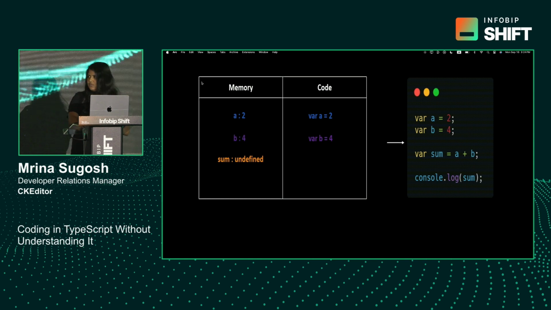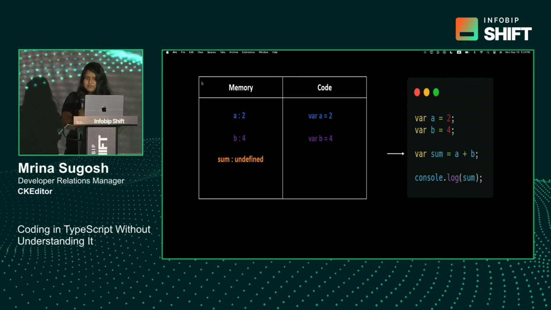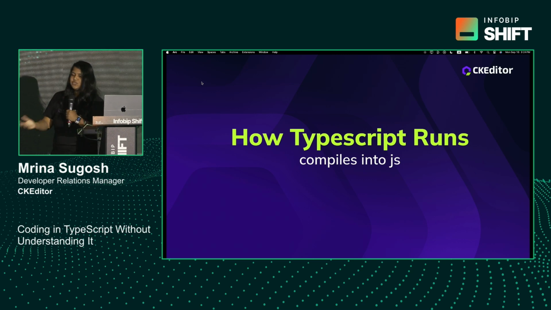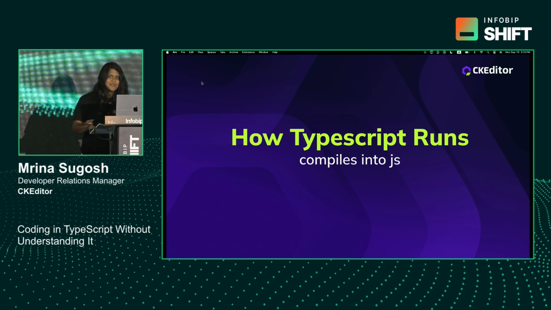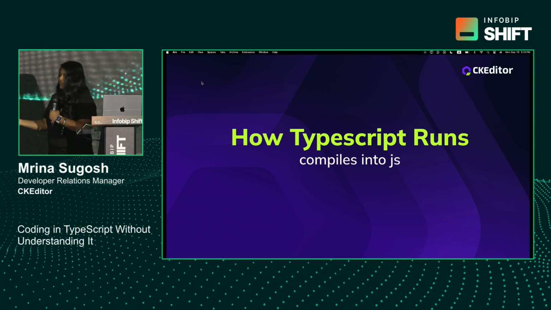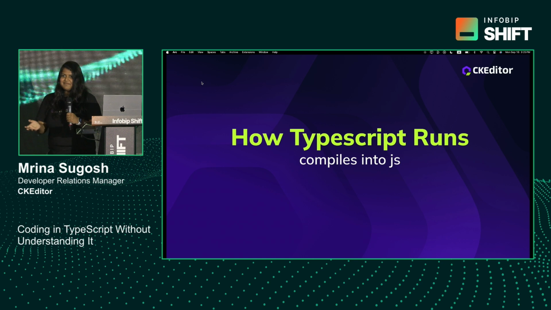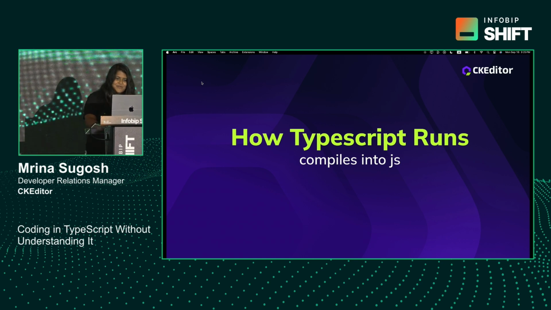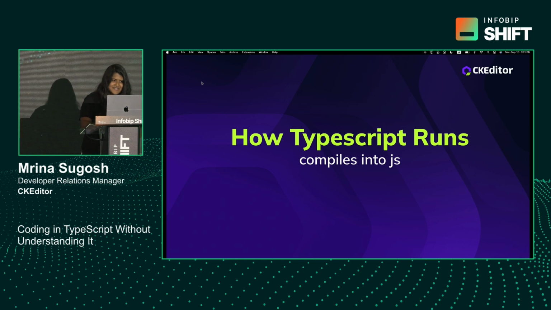Well then, what's different about it from TypeScript? Well, how TypeScript essentially, fundamentally runs, and I'm sure there's other layers to it, but it essentially compiles whatever you give it into JavaScript. And I'm sure that's exactly what you wanted to hear today.